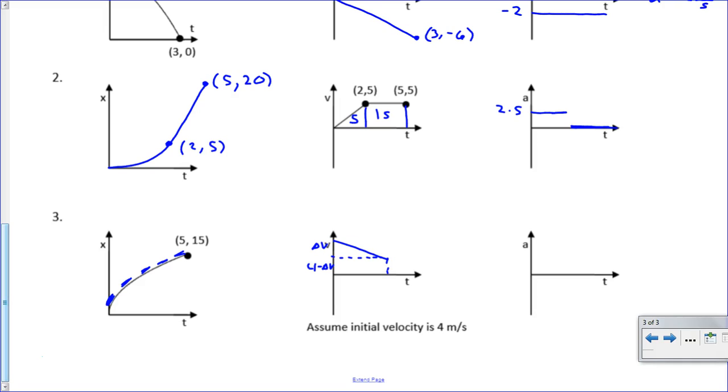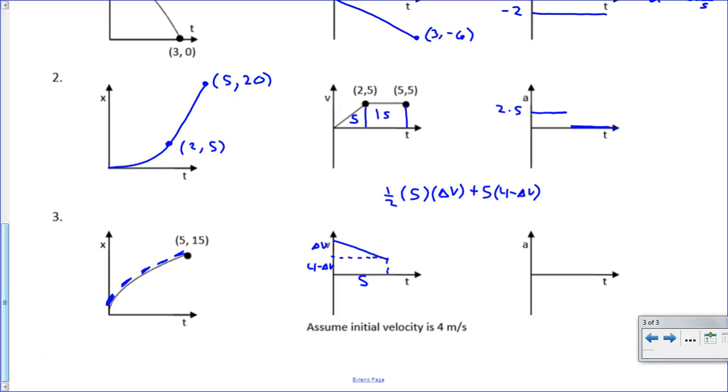So what we end up with is a triangle, which is 1/2. This whole thing happens over a period of 5 seconds, so we know this side is 5. So 1/2 times 5 times our change in velocity is the area of the triangle, plus the area of our rectangle, which is 5 times 4 minus change in velocity.